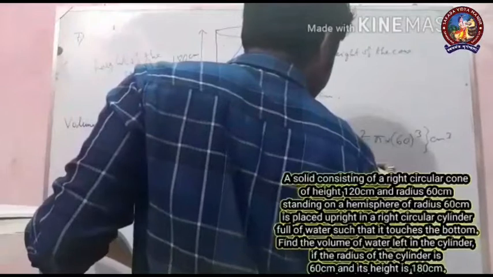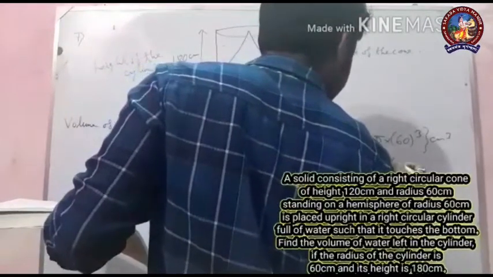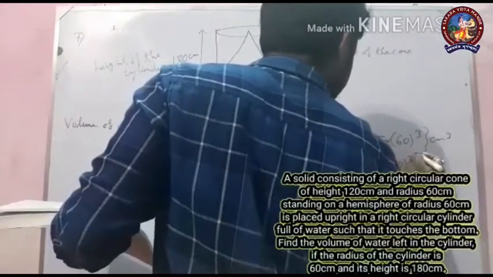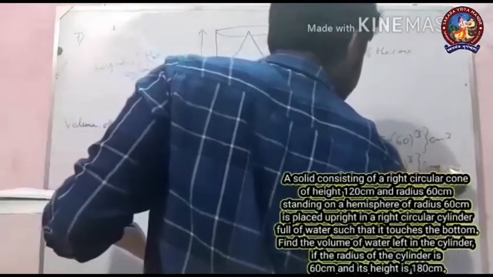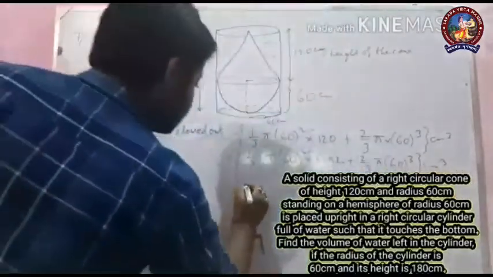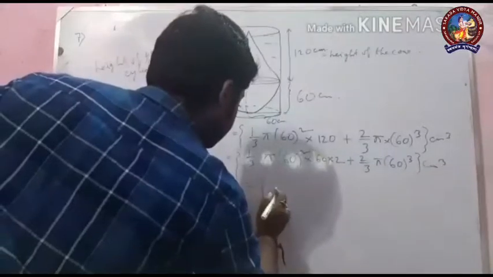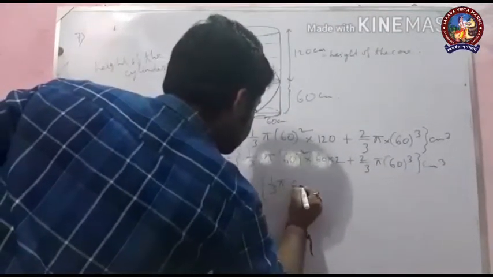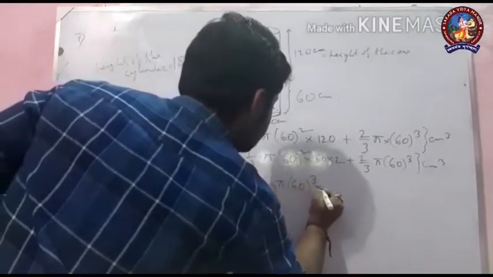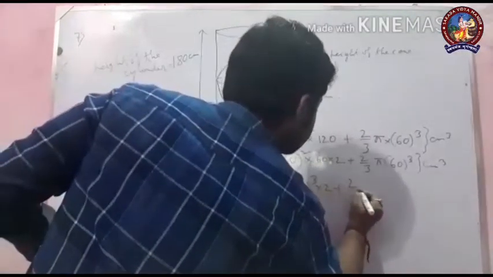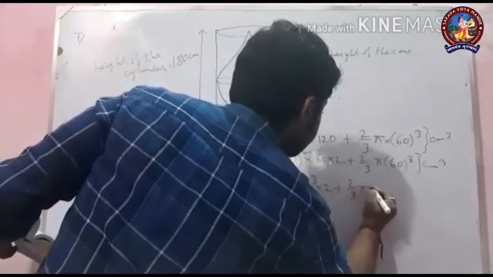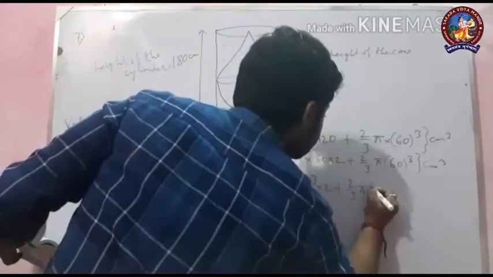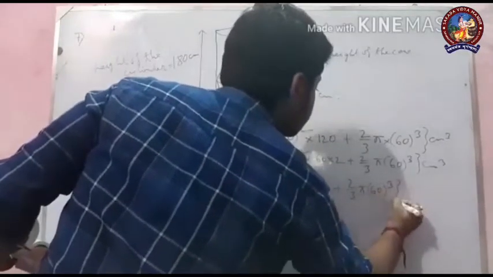Then 2/3 pi into 60 cube centimeter. It will become 1/3 pi 60 cube into 2 plus 2/3 pi into 60 cube centimeter cube.